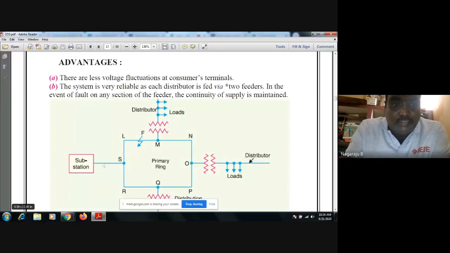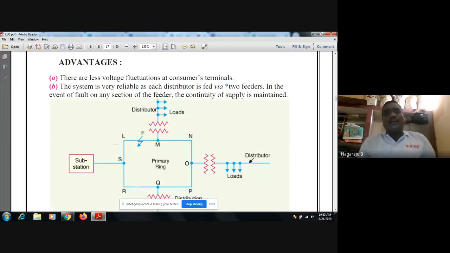This is one feeder I have taken, and these are the distributors L, M, N, O, P, Q, R. I am starting from L, and from L I have the connection like this.